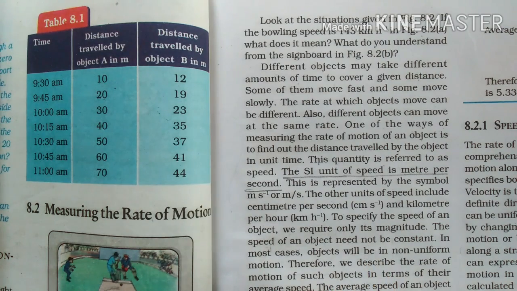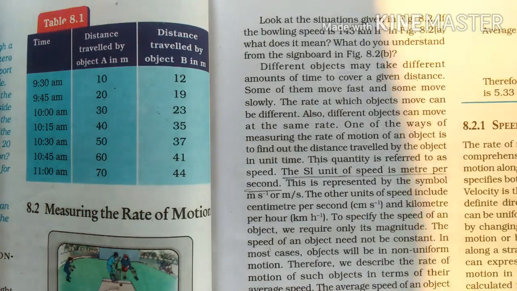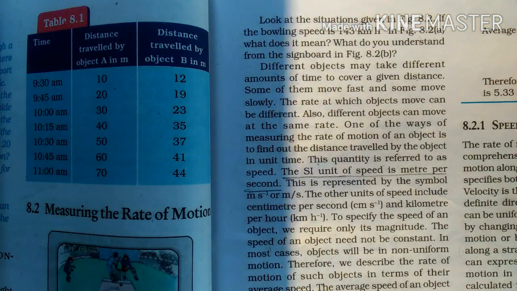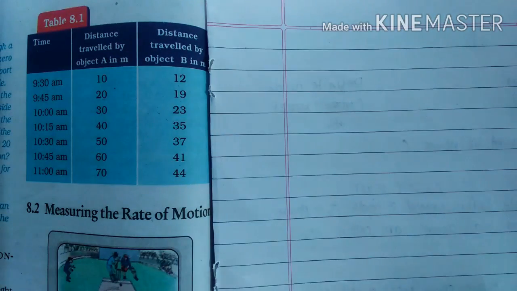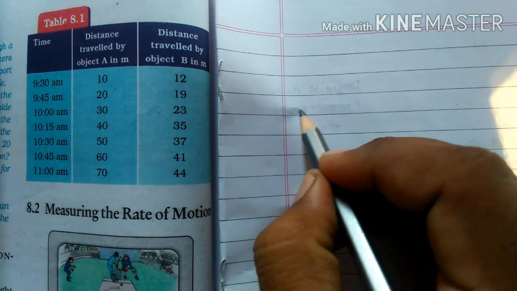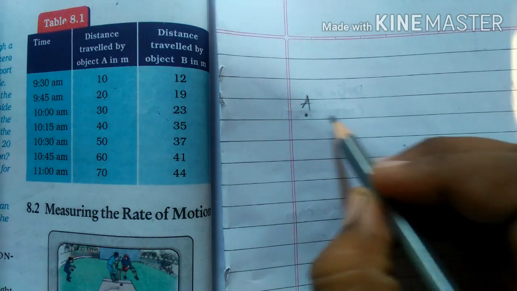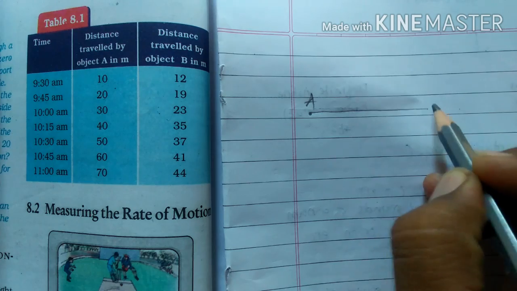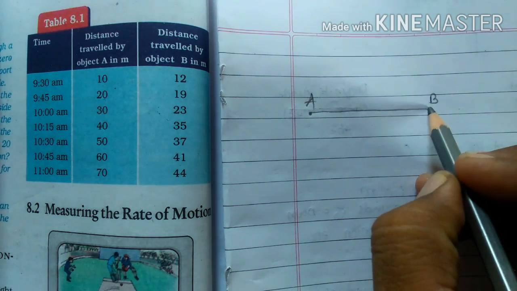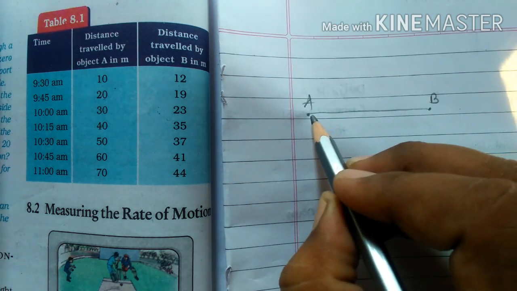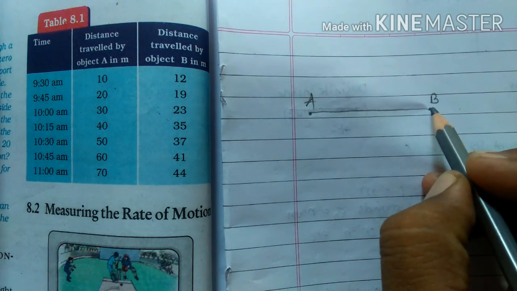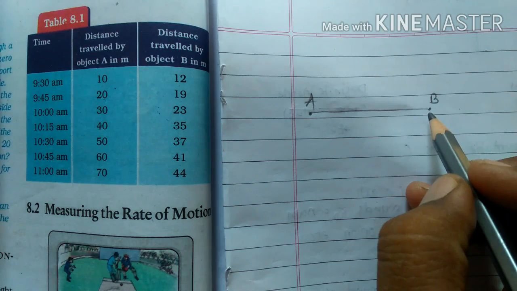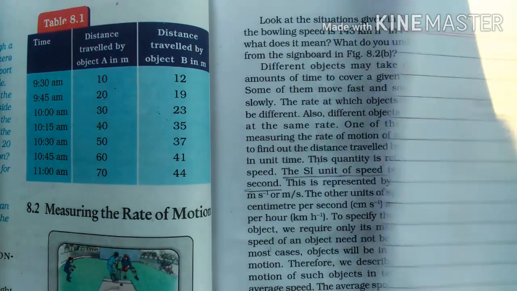Means suppose one object moves from one place to another place at a certain motion. Suppose this is an object, now it has moved up to point B. That time we can measure the distance between A to B in a unit time.